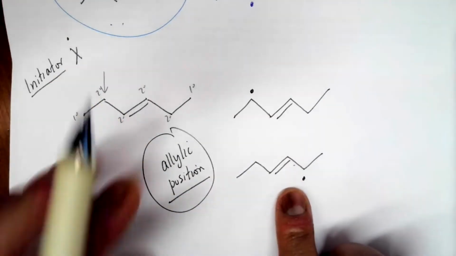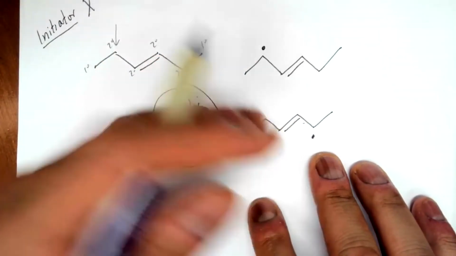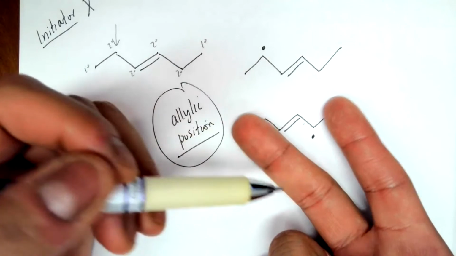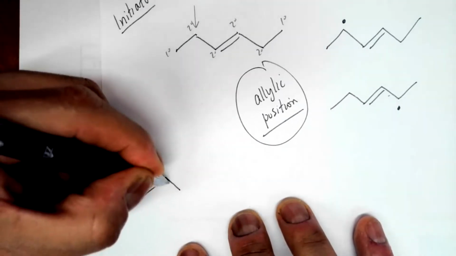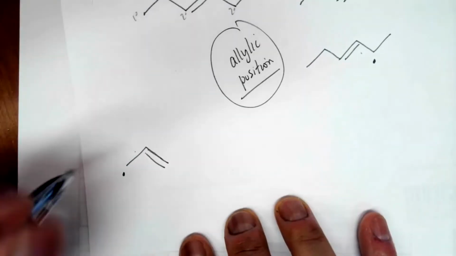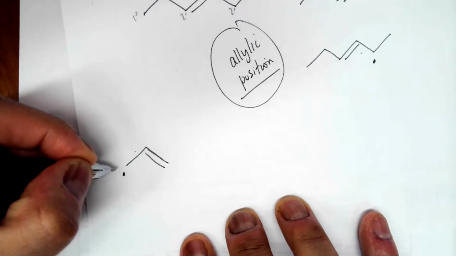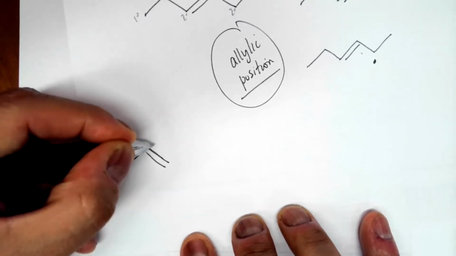Okay, so going back to this position, this is what we are looking for, the allylic position. Those are the most stable. Why? Because the radical that you're forming is not only secondary, it's secondary plus resonance, because they undergo resonance. I will do a very simple resonance. Let's say this one is my allylic radical. If you want to do resonance, you do a fish hook. The radical will move towards it to form a double bond.